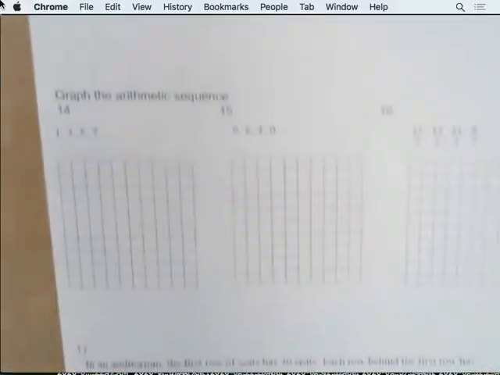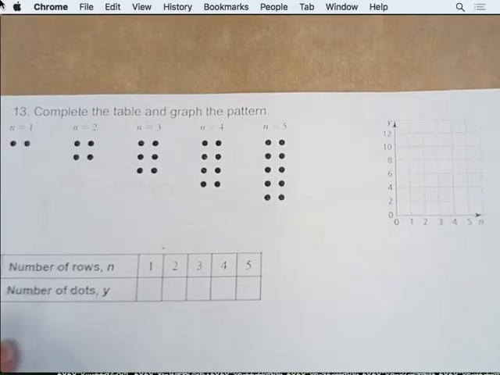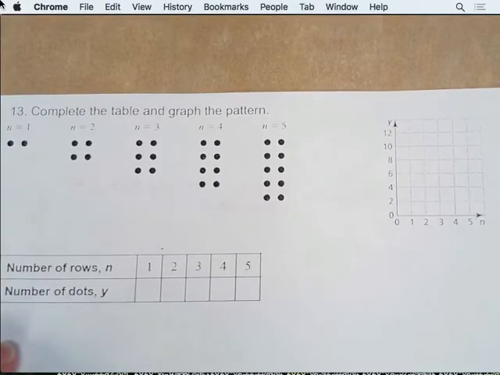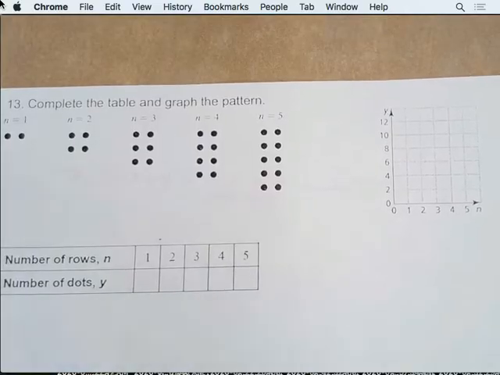Okay, now we need to do the back side because we learned about the graphs and how the graphs relate to arithmetic. So go ahead and do 13. Complete the table and graph the pattern.